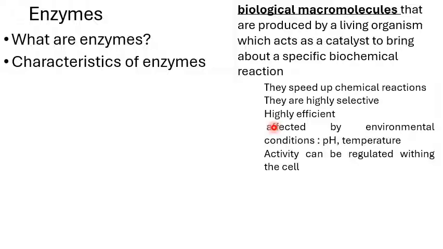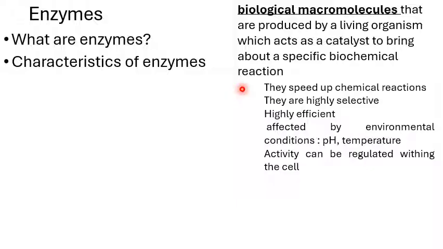Another characteristic of enzymes is the fact that they are highly efficient in their activities within the cell, and they can be affected by environmental conditions. When we say environmental conditions, we are talking about pH, the acidity or the alkaline nature of the environment, which has a significant impact on the reaction of enzymes within the living cells.